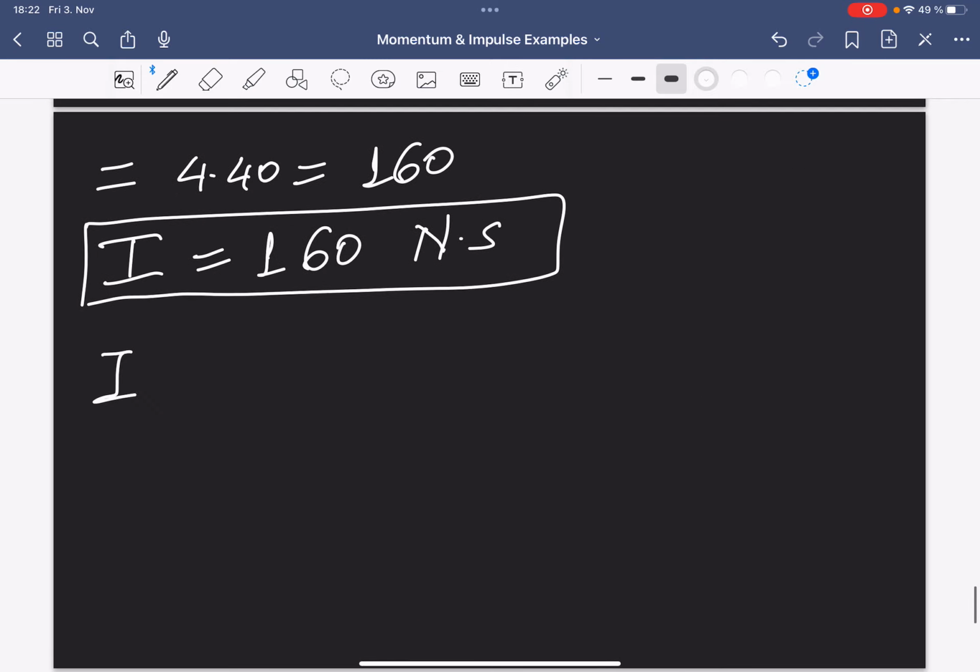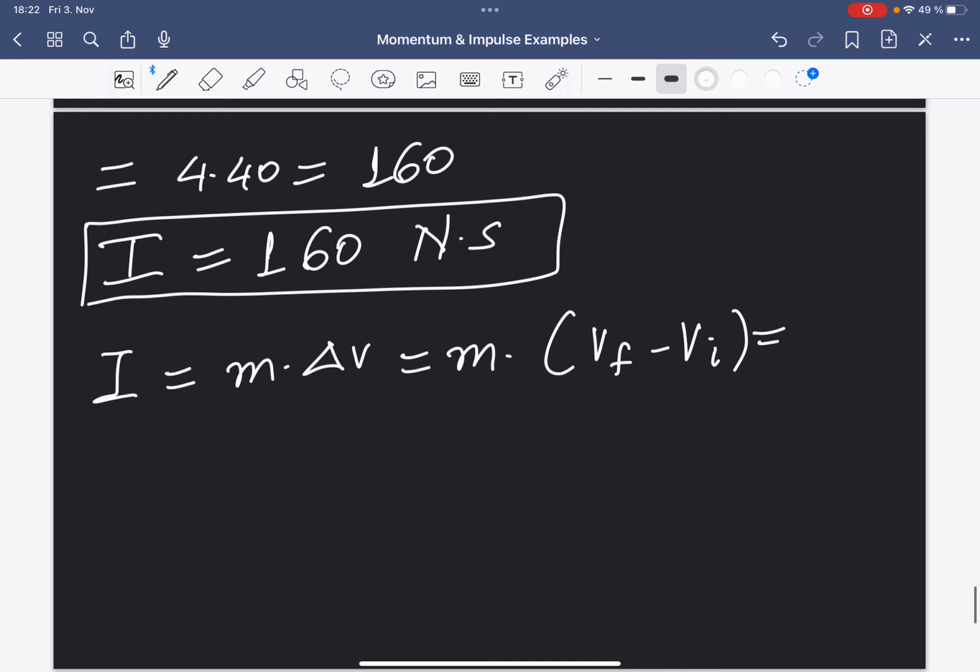So you can say for B that impulse is going to be m times delta v, and you can rewrite delta v, the change in velocity, as v final minus v initial in the beginning. And this is going to be equal to 160.